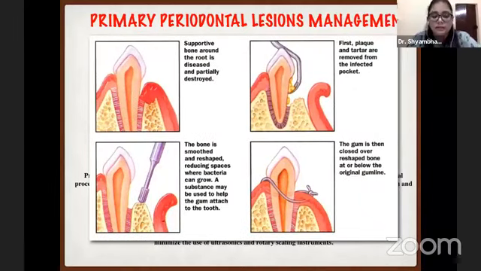Supportive, and then surgical treatment might also be done in cases where there is no healing via hygiene phase or root planing.